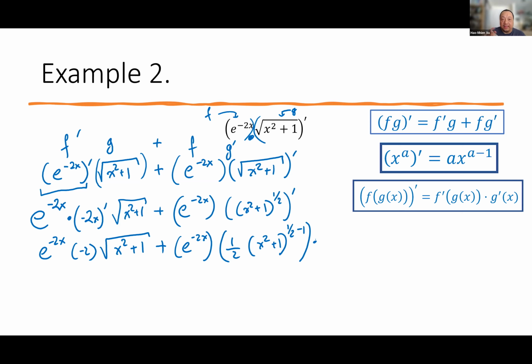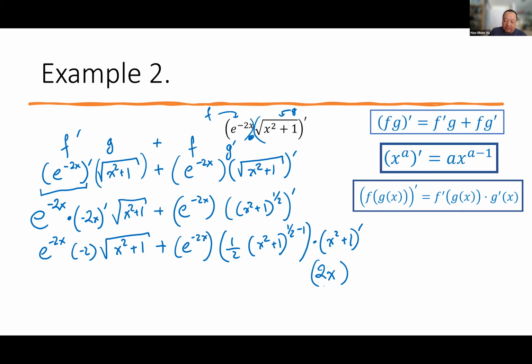Is there anything inside the square root? Yes, there's something inside the square root. There's the x squared plus 1, so I need to take the derivative of that. The chain rule applies. The derivative of x squared plus 1, this is a power, so it's 2 times x to the 2 minus 1, which is just 1, so I don't need to write anything. And then plus 1, which is plus 0.